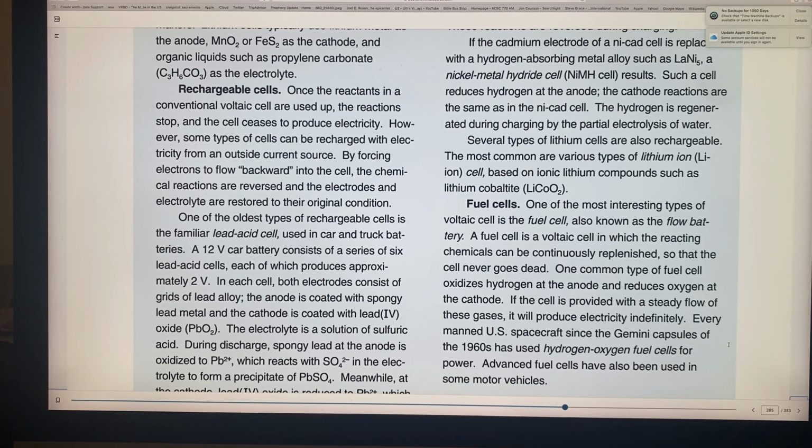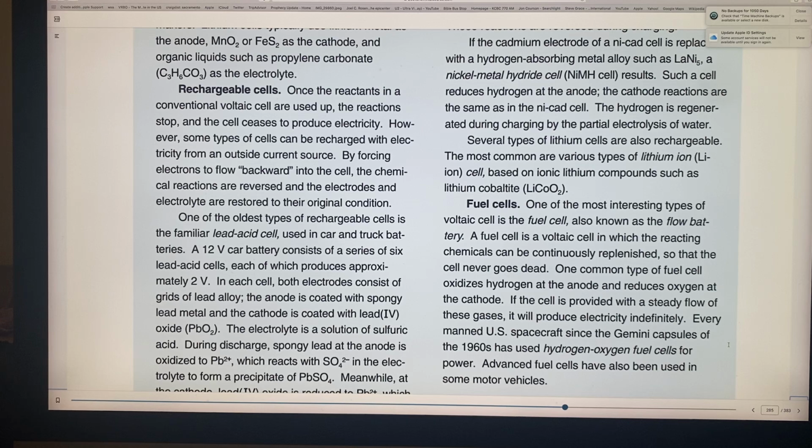So we have to change the electrodes and make them go backwards, back to where they were before. The lead acid cell was the oldest type of rechargeable cell, and lead is used in a lot of cars and trucks. And the 12-volt batteries are made of cells of 2 volts each, going back into their regular state.